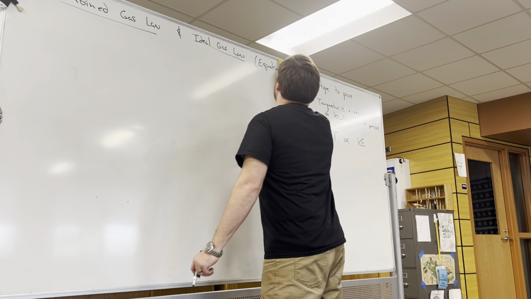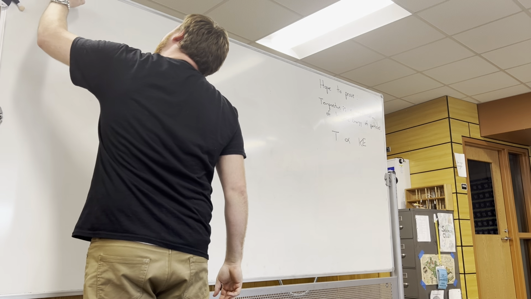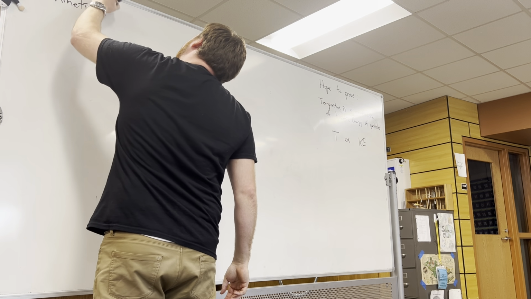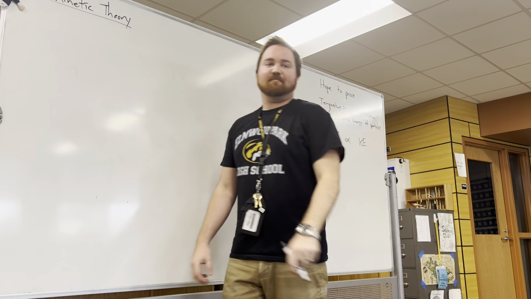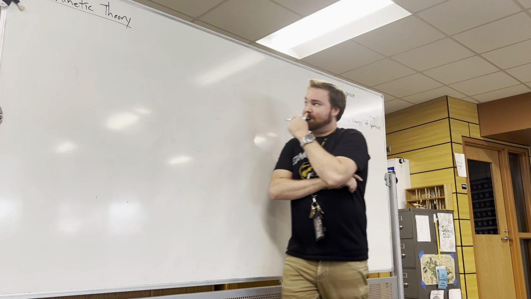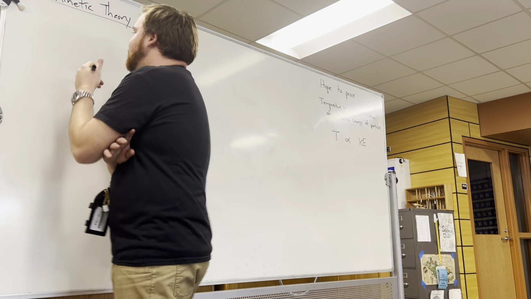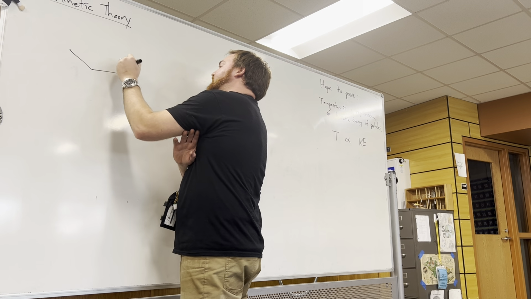So let's begin. This is where we do kinetic theory. Now that's shorthand. It's really kinetic theory of gases, but whatever. This is the part that gets fancy. So here's what we're going to do. We're going to imagine we have gas sealed into a container.